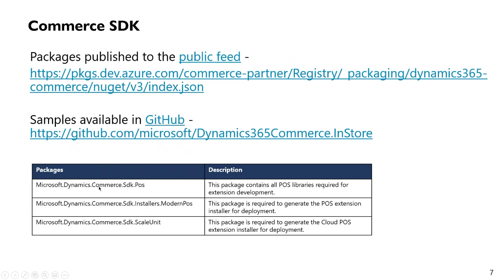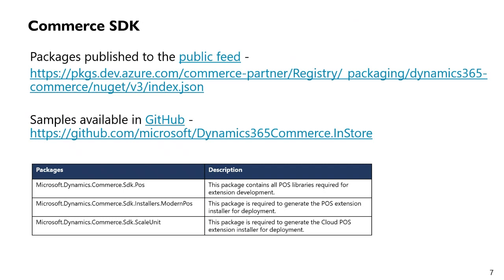So the first package is the commerce.sdk.point of sale. This is the main one, which is required for you to consume, create. I will cover what is consume, create, extend later in the session. But for any of the point of sale extension scenarios, you will use this package. Basically, you will add this as a reference to your point of sale extension project and do your development.